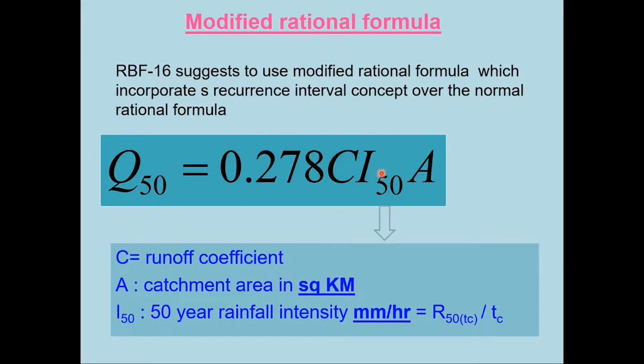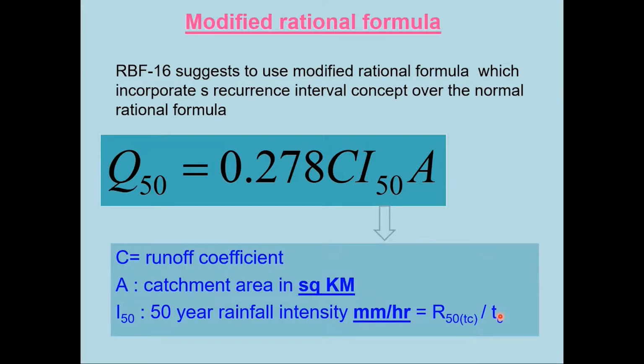A is the catchment area in square kilometer. I50 I will explain. I50 is the 50-year rainfall, where the recurrence interval is 50, and it is the rainfall with duration of TC hours.